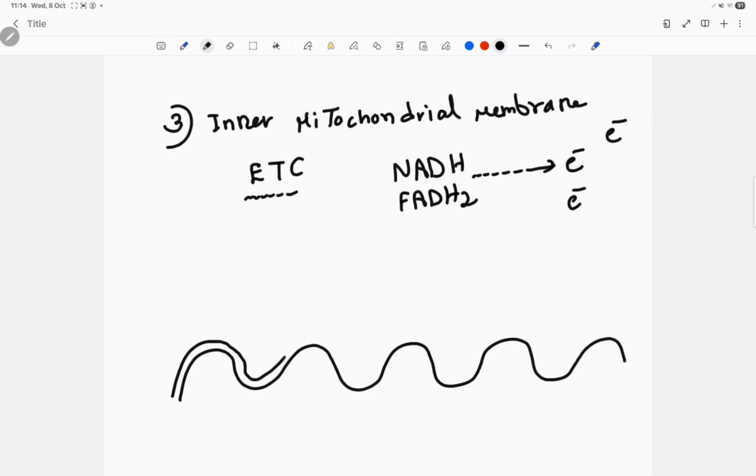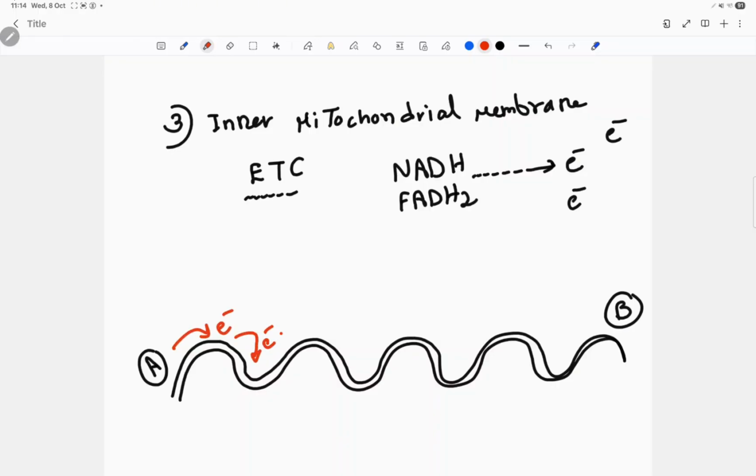So we're going to have electron carriers on this inner membrane, and they will take them from the initial point to the final point. They will get carried on carrier proteins until they ultimately reach point B, the final point.